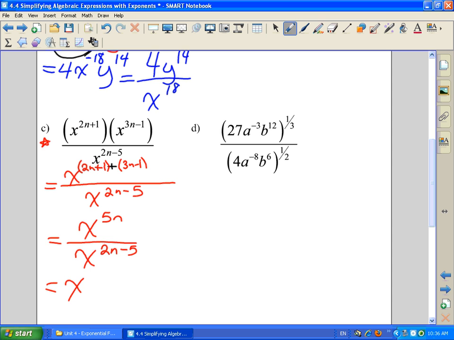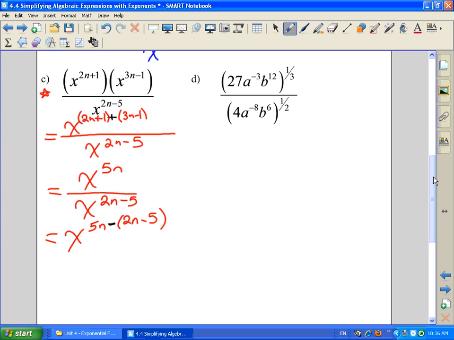So it's going to be x to the 5n subtract our denominator exponent, which is 2n minus 5. And we've got to be careful here, ladies and gentlemen, because it is a negative when we're subtracting. So we are going to have to perform our distributive law or just change the signs. Okay, so our final answer here, guys, is going to be x to the power of 3n plus 5.